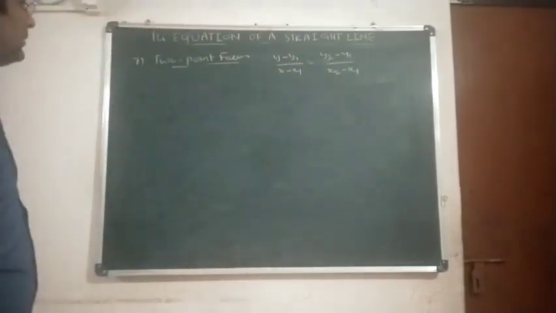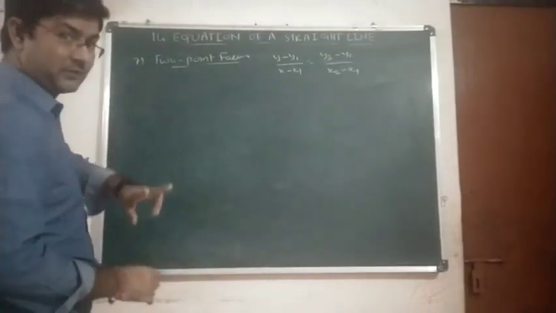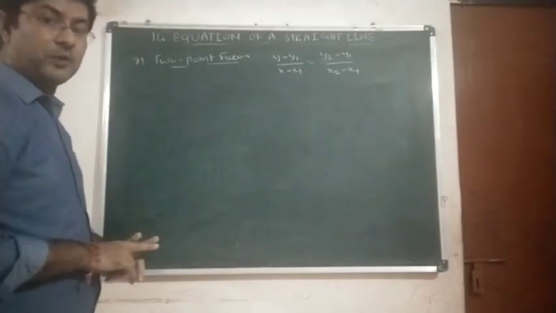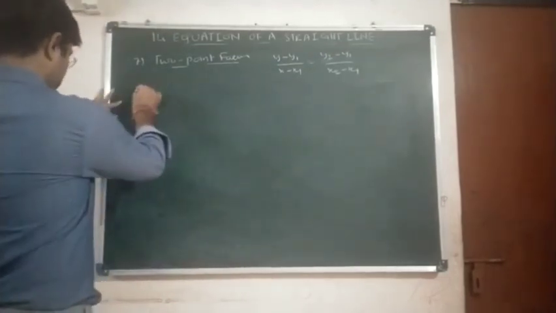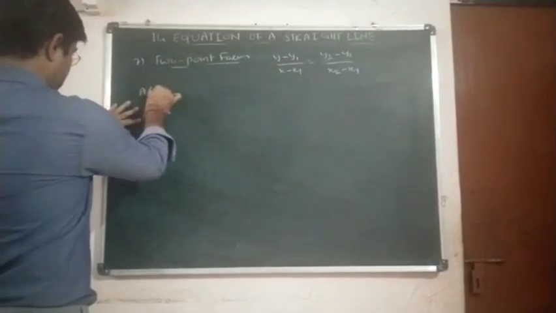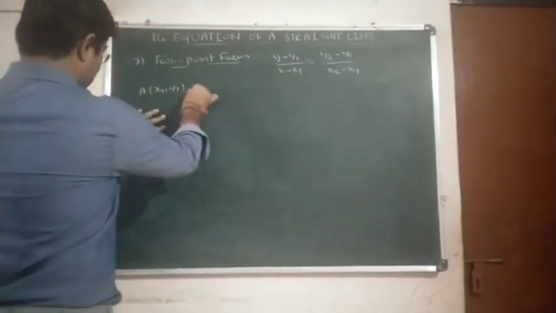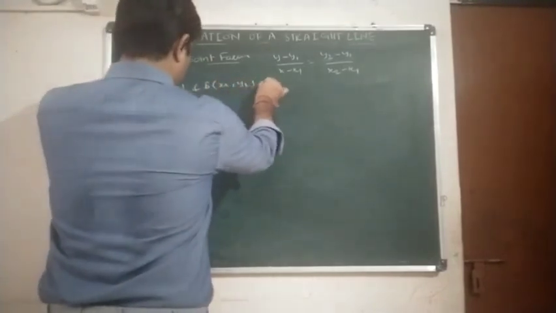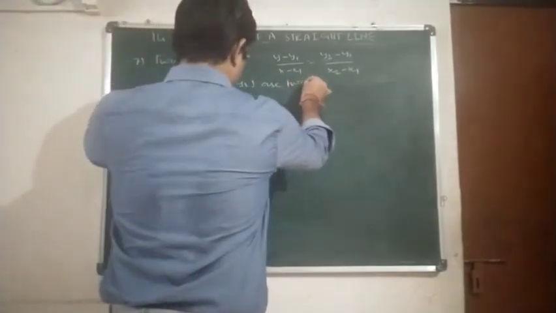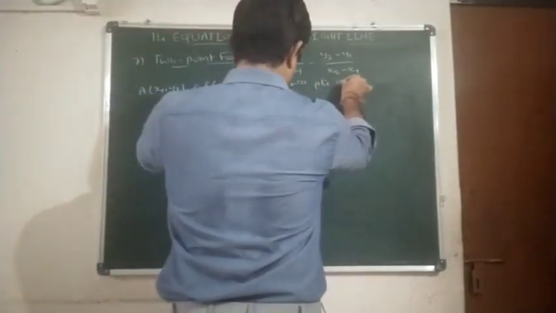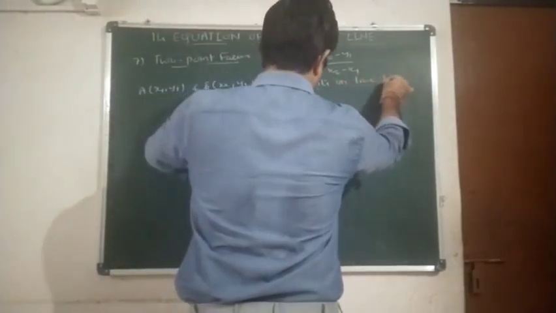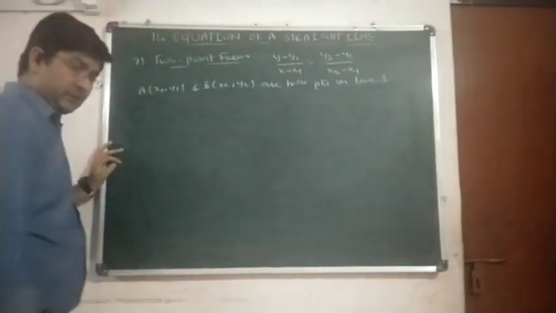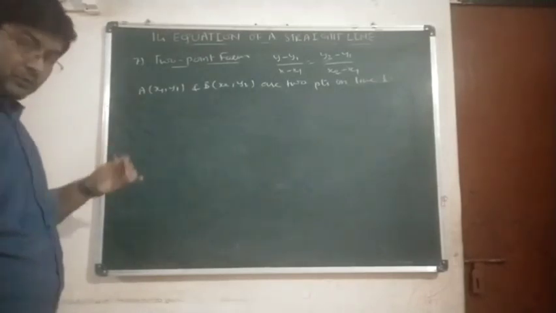Clear? Okay, now here 2 points will be given. When to use this formula? When the coordinates of 2 points on a line are given. So here A(x1, y1) and B(x2, y2) are 2 points on line L. Yes or no?